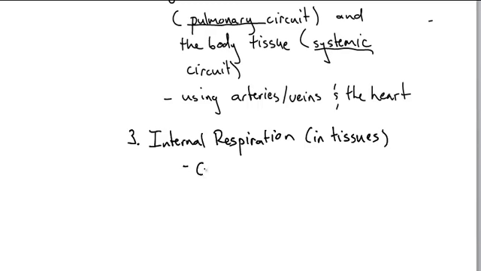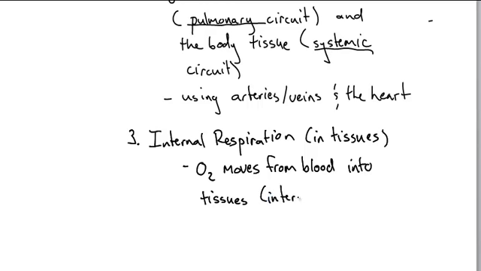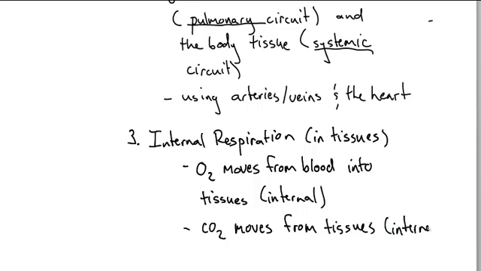And here, O2 moves from blood into tissues, hence it being called internal, because the exchange is with your internal tissues. And CO2 moves from tissues, again internal, into blood.